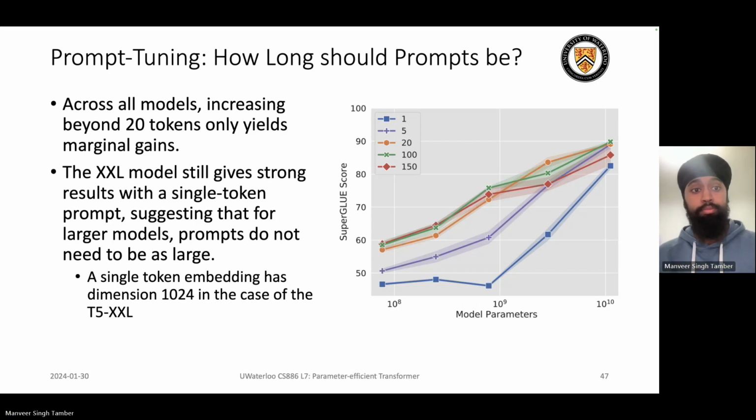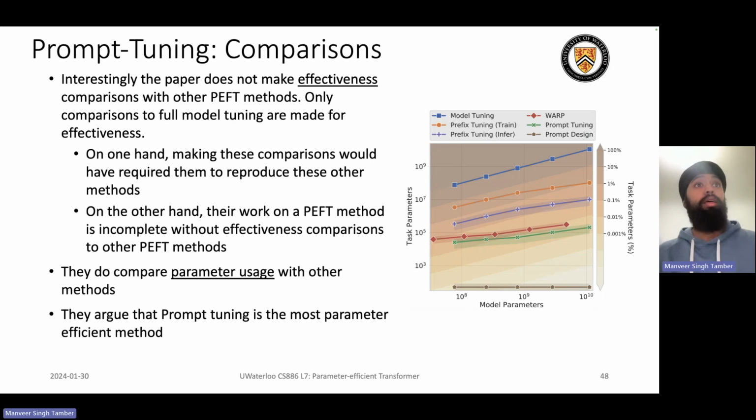And now comparing to other methods. Interestingly, the paper doesn't make effectiveness comparisons with other PEF methods. Only comparisons to full model fine-tuning are made for effectiveness. They do compare parameter usage with other methods, right? And they argue that prompt tuning is the most parameter efficient method because it learns very few parameters across the range of model sizes.